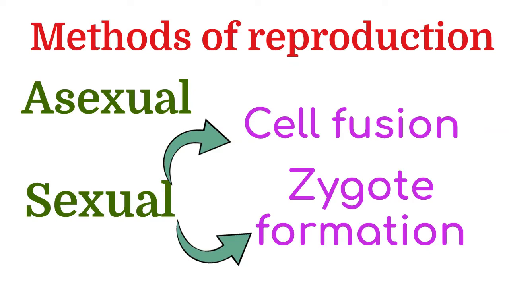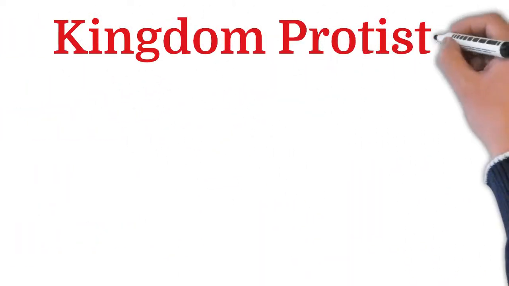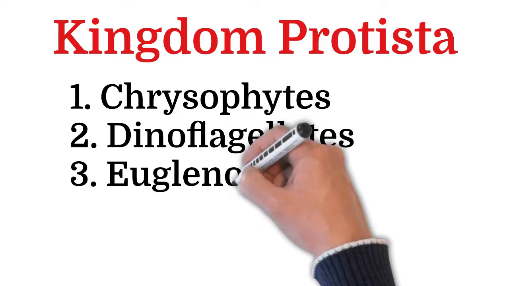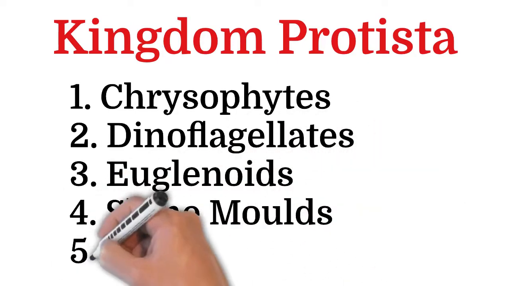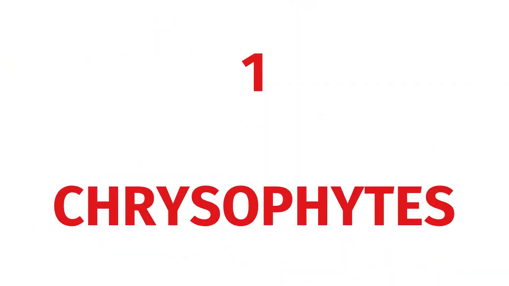In this topic, we will discuss 5 groups of eukaryotes included under Kingdom Protista. They are chrysophytes, dinoflagellates, euglenoids, slime molds, and protozoans. First, chrysophytes.